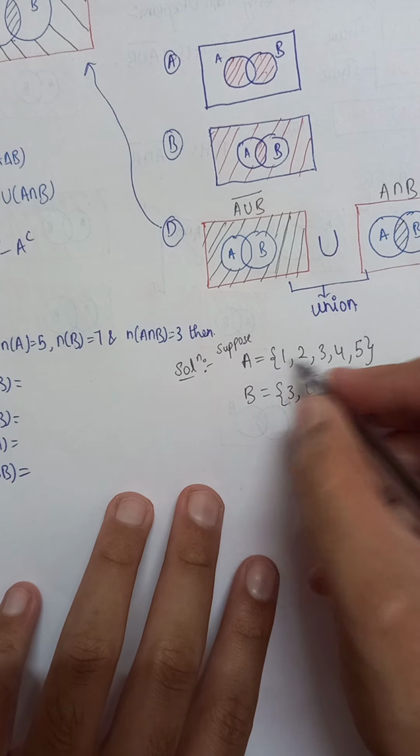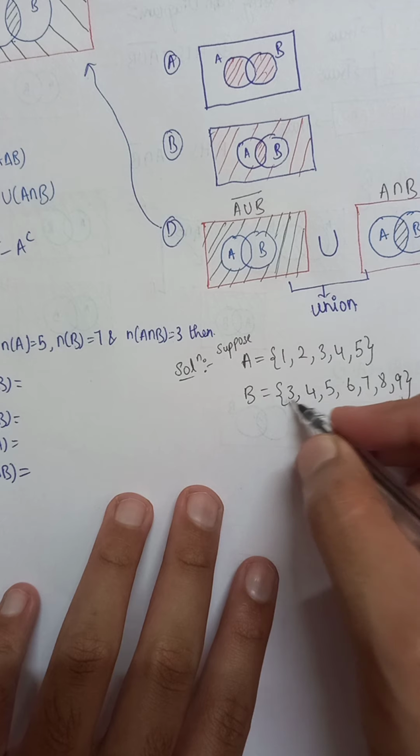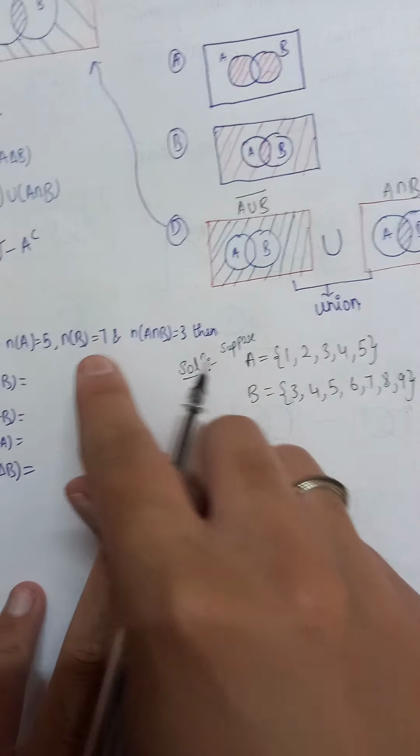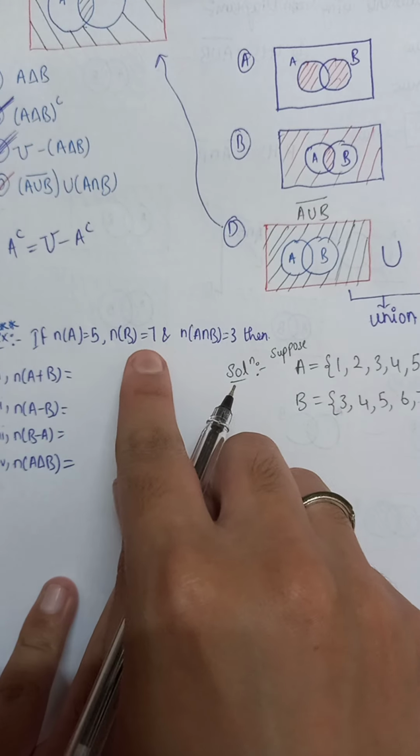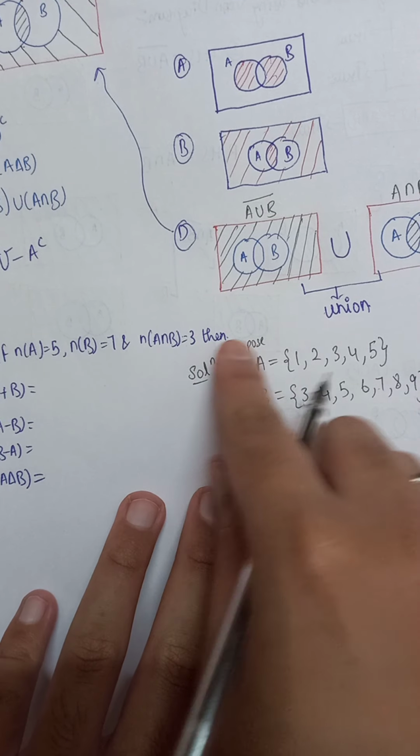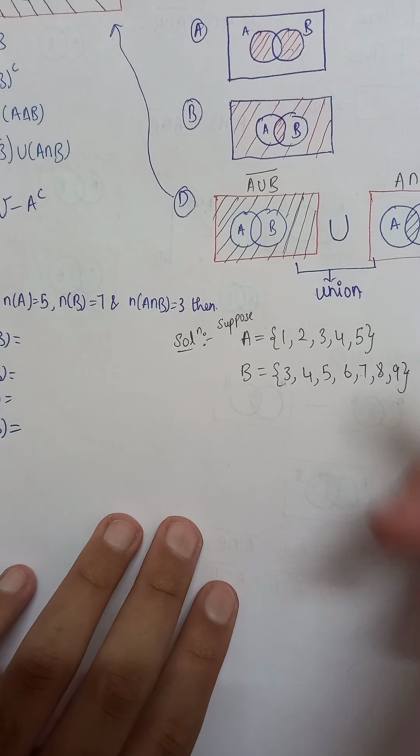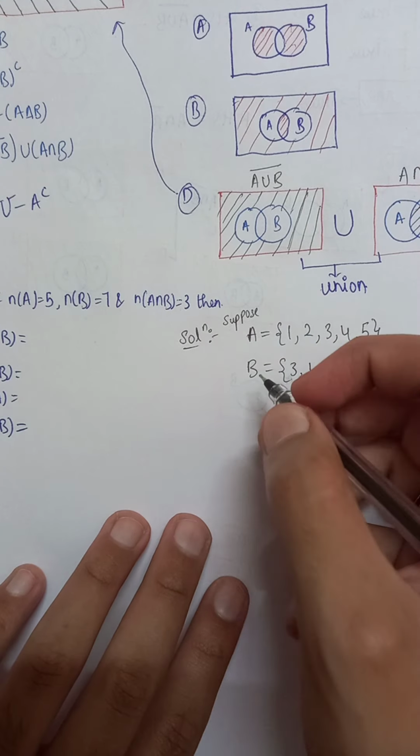The number of elements in set A is 5 and in B is 7, condition satisfied, and 3 elements are common, so that condition is satisfied too. Now let's solve the questions one by one.